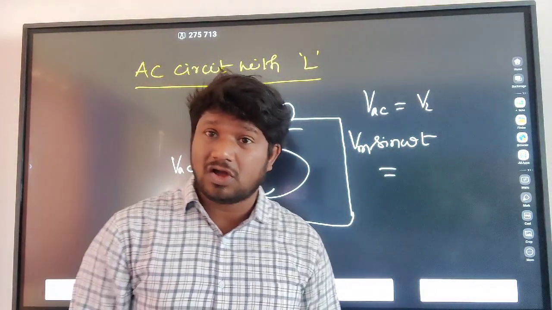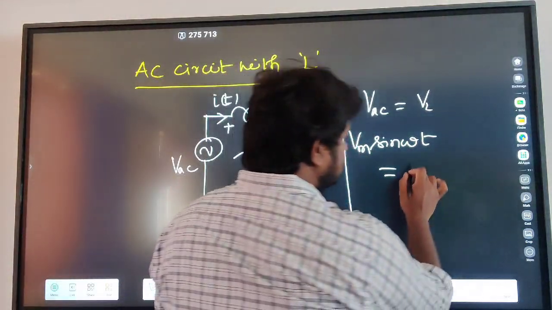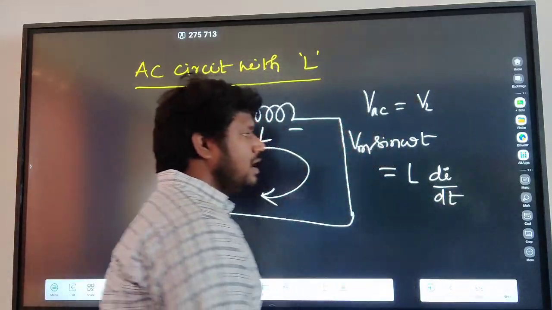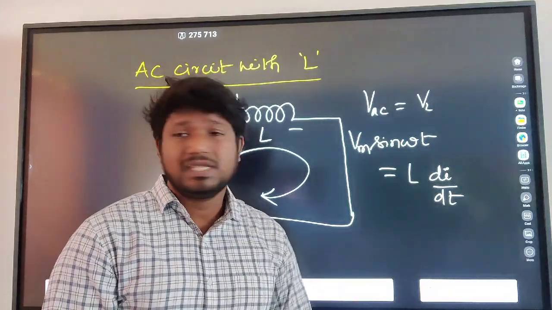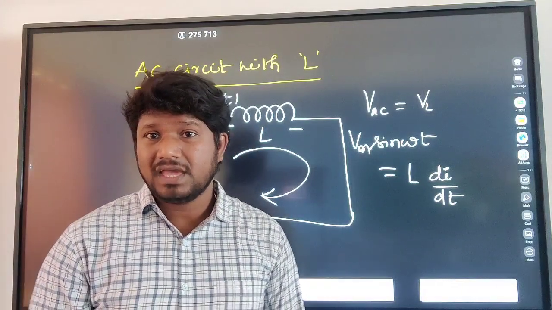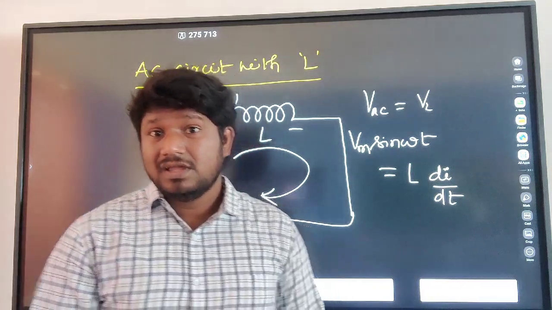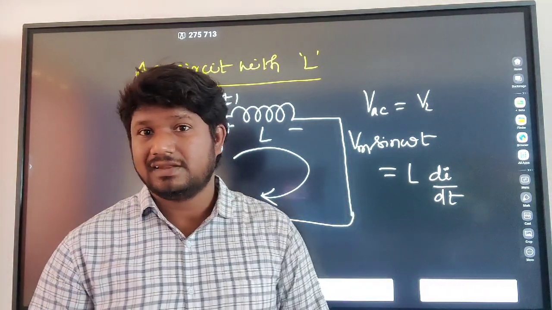According to Faraday's law of electromagnetic induction, the voltage across the inductance is VL equals L di/dt. Here, what is the resistance offered by the inductor circuit? One more term is there after this derivation, I'll tell.